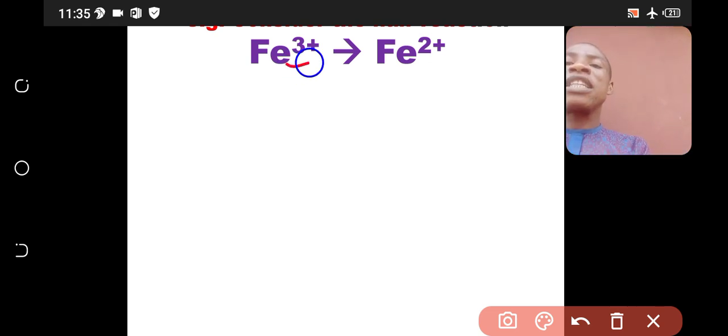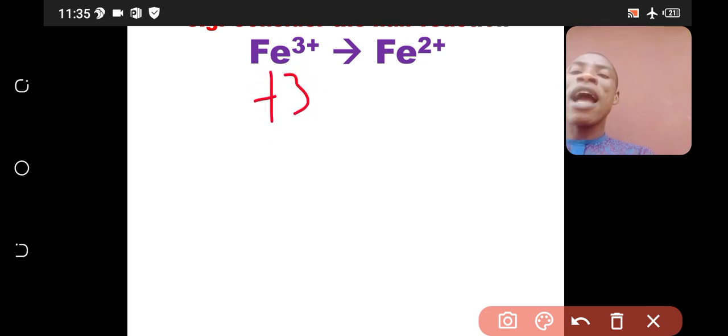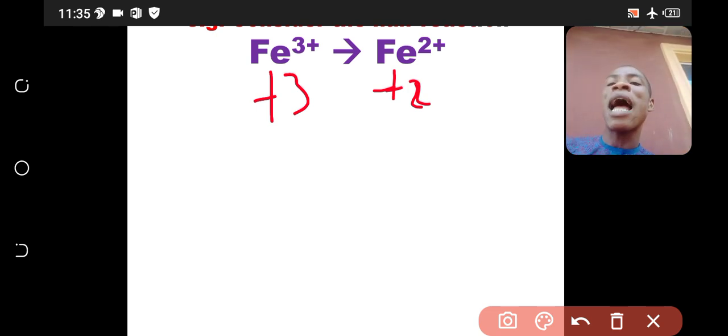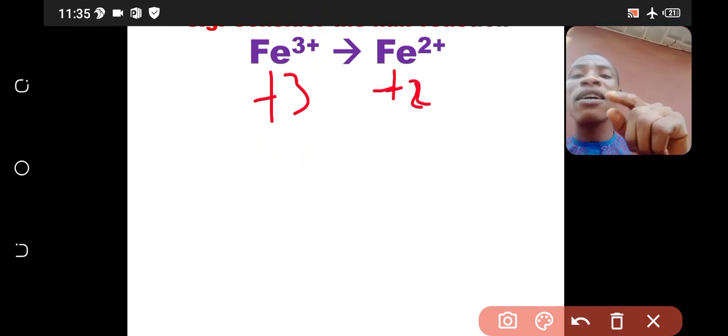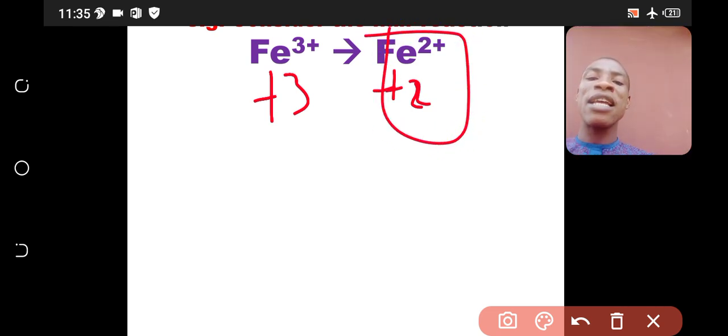Next, we now balance the charges. Here we have 1 times 3, because when nothing is there it is 1, so we have +3 charge here. And here is 1 times 2, so we have +2 charge. That makes the reactant side higher than the product side, because +3 is higher than +2.